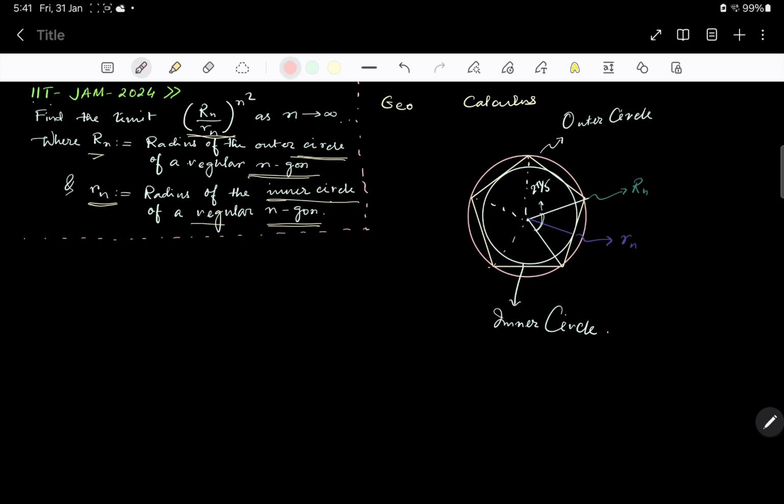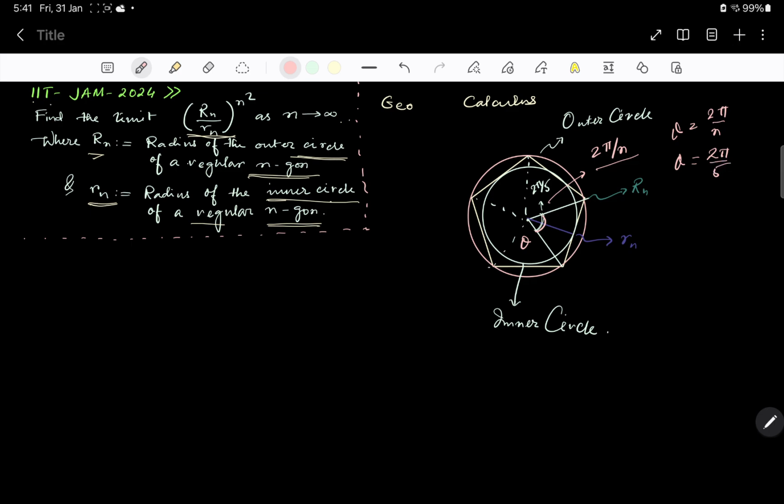If it was a regular n-gon, this angle would be 2 pi by n, because in that case this 2 pi is getting divided into n equal sectors. I will be talking about it a little bit later, but just for the sake of simplicity, I am denoting it as theta. Remember, later on we will get theta equals 2 pi by n, which right now in this particular case is 2 pi by 5.